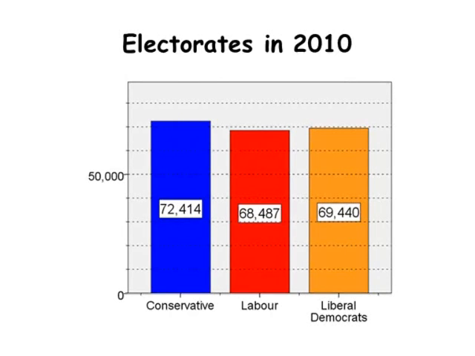So Labour's mean electorate in seats that it won was just over 68,000, just over 69,000 for the Lib Dems, and just over 72,000 for the Conservatives. So not a huge difference in electorates in terms of which party won it.